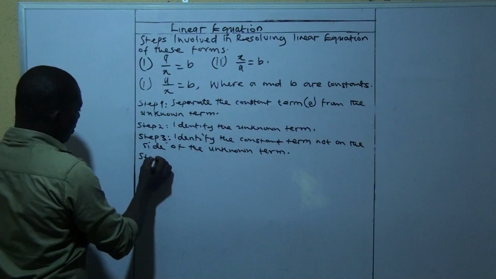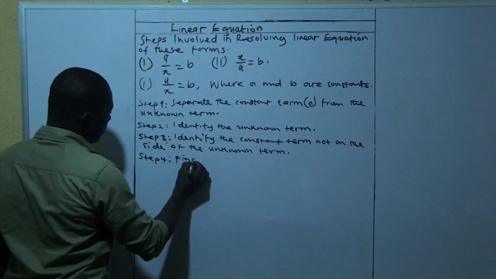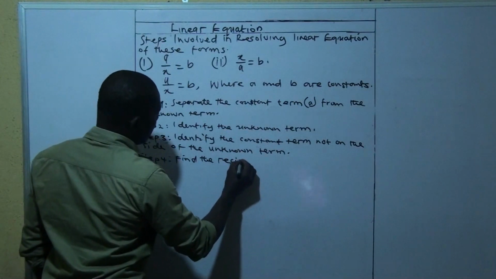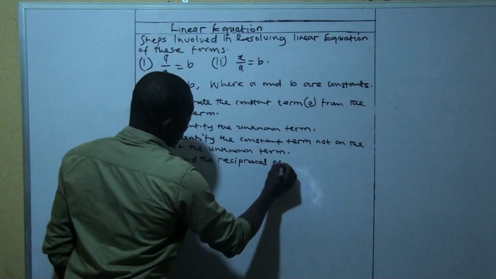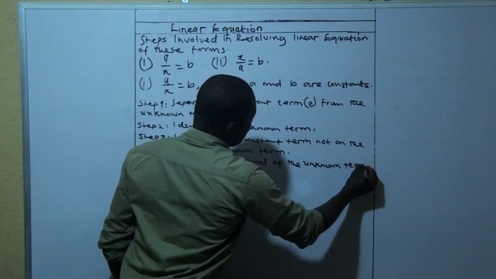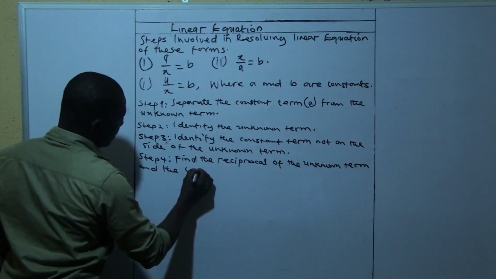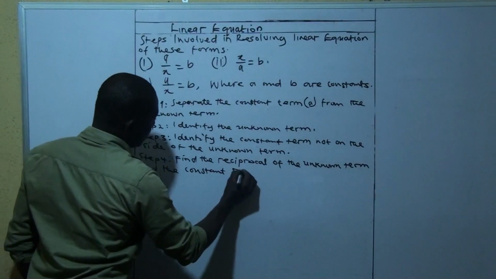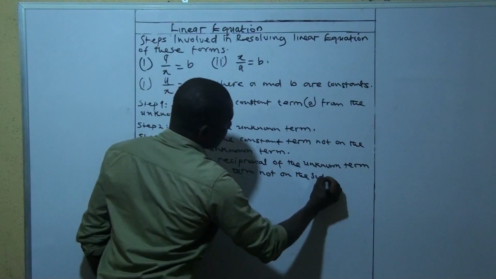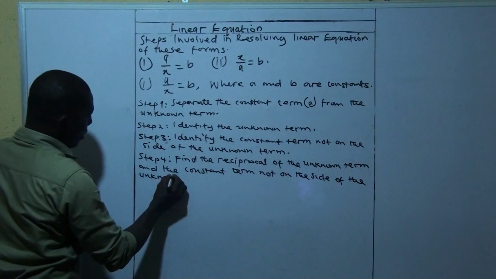Then step 4, find the reciprocal of the unknown term and the constant term not on the side of the unknown term.